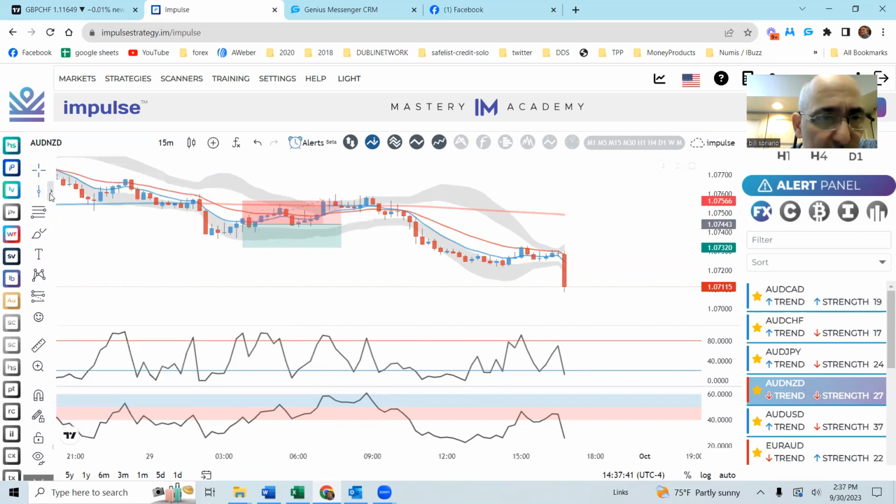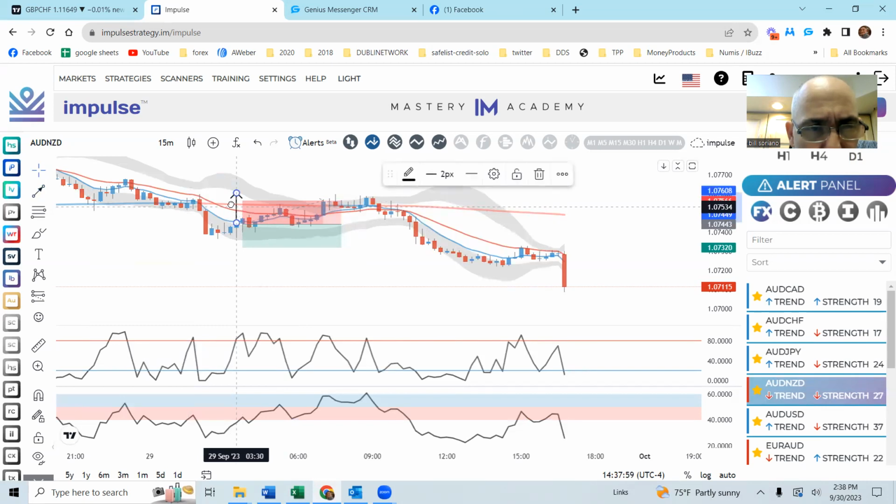Okay, so let me just show you that real fast. I'm just going to grab this arrow here to quickly measure that area. It's about like that, right? And so now what we have to do is add that distance to the top of that wick there, okay?